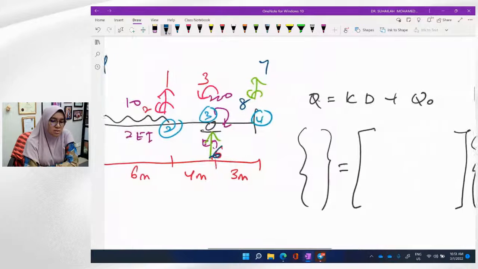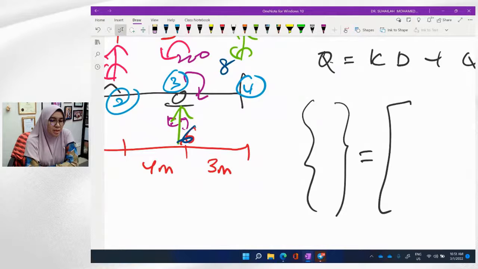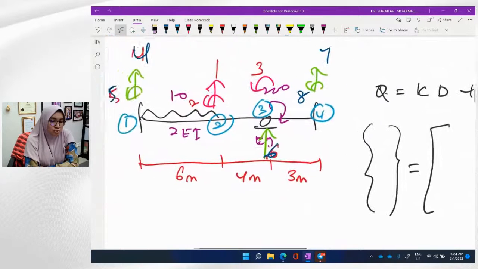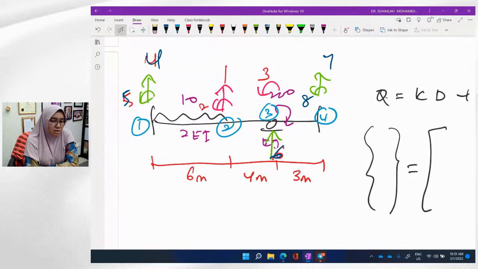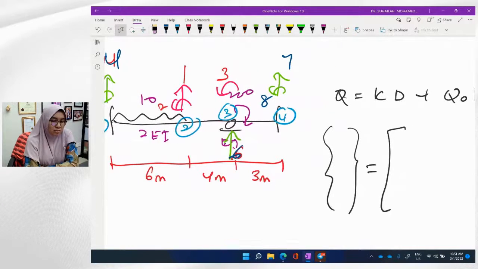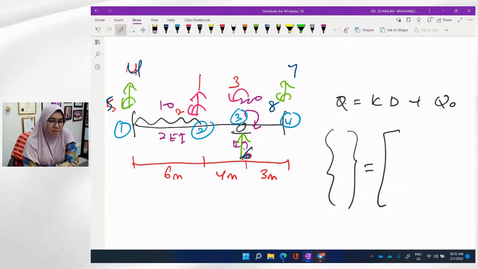So we will have Q1. Looking at the diagram, Q1 is 0, Q2 is also 0, Q3 is negative 200, opposite with sign convention. Then we have Q4, Q5, Q6, Q7, Q8.